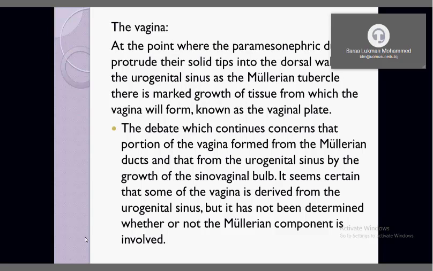So the vagina forms from two elements, the Mullerian system and the urogenital sinus. Which contributes the major part of development is in doubt, but it is thought that the major portion is formed by the urogenital sinus, and maybe a small part of the upper vagina comes from a Mullerian component.